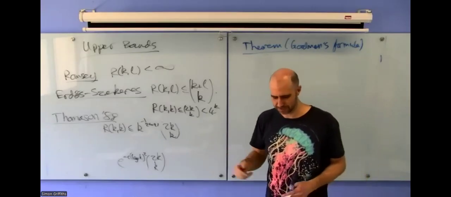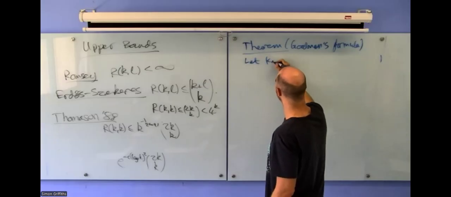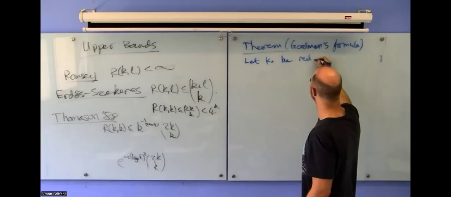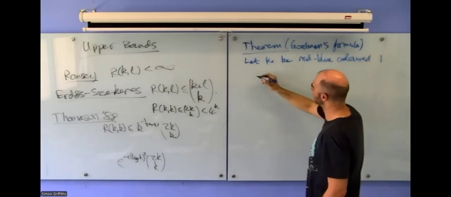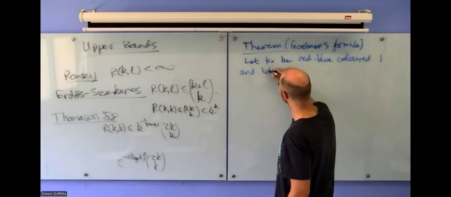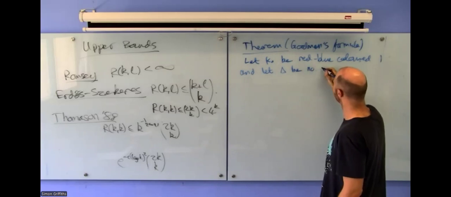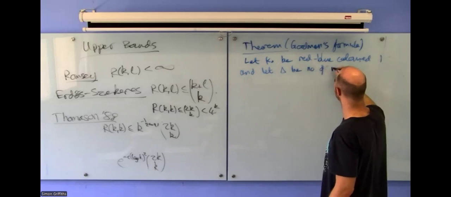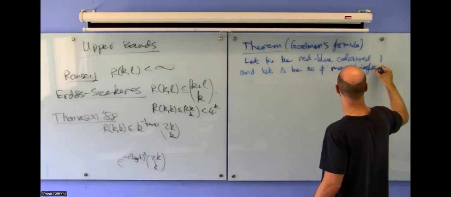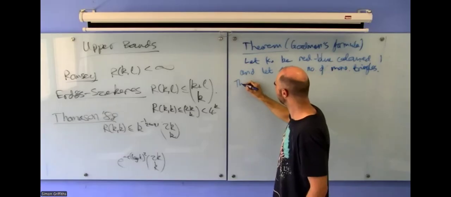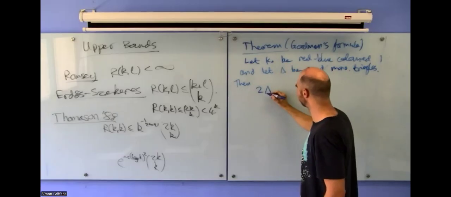So let Kn be red, blue coloured, and let T be the number of monochromatic triangles. Then you have an exact formula in terms of degrees.